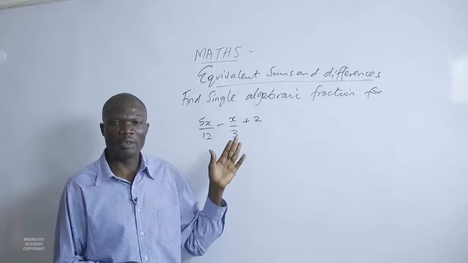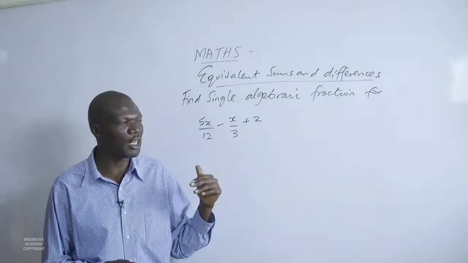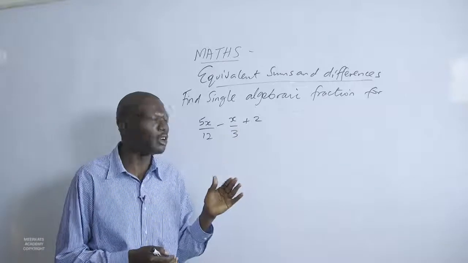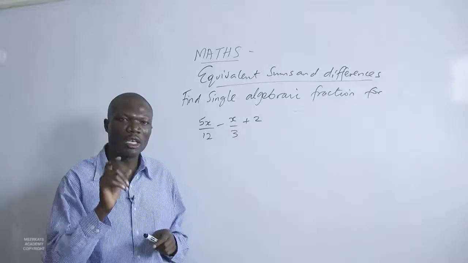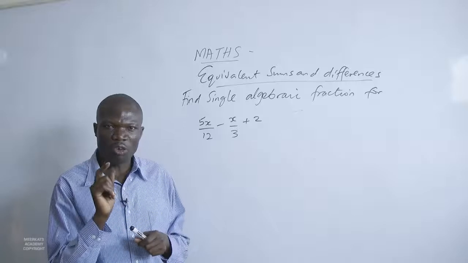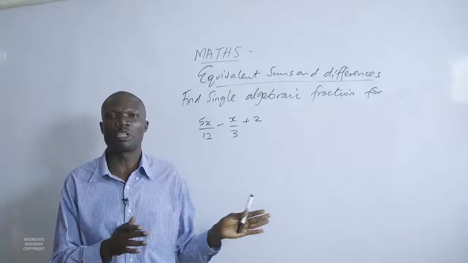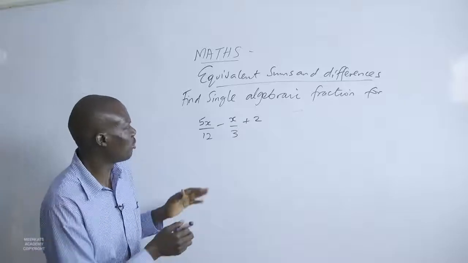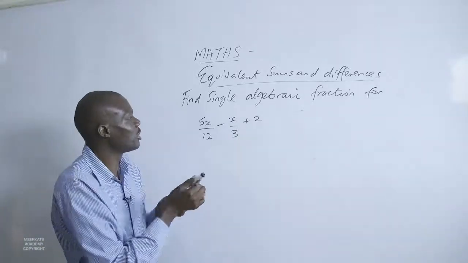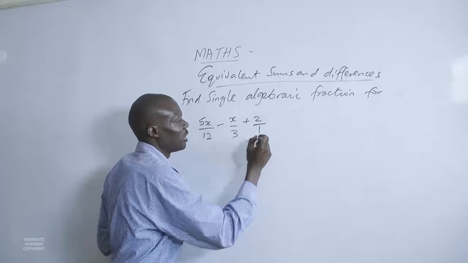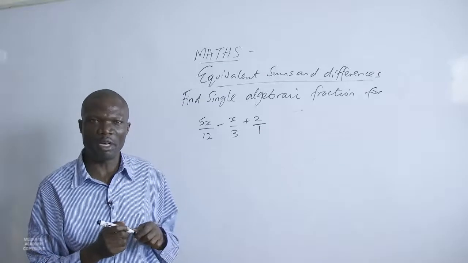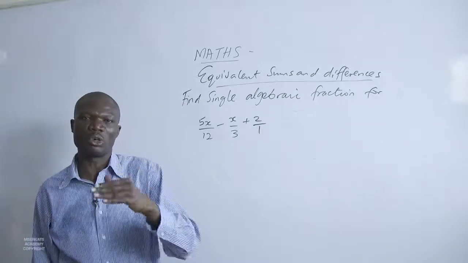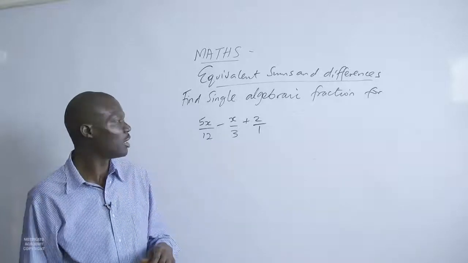We saw in our previous classes that if we have a whole number and a fraction, then we shall introduce a denominator of 1 for the whole number so that we are able to make it a fraction and we move ahead. So for us to work this out, we shall introduce the denominator of 1. Remember, I've not changed anything because 2 divided by 1 is simply 2.